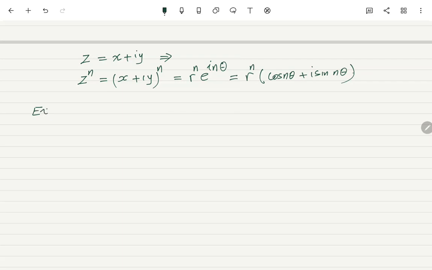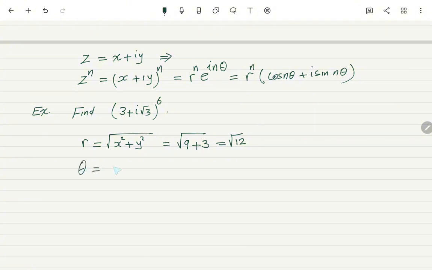Example: find (3 plus i square root of 3) to the power 6. To solve this one, let's write it in polar form. So let's find r equal to the square root of x squared plus y squared, which equals the square root of 9 plus 3, or square root of 12.